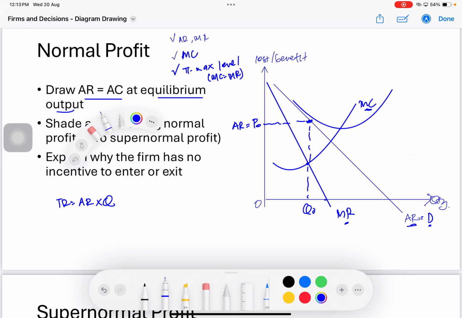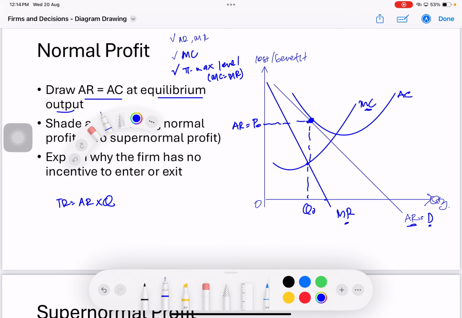So this is my AC curve that didn't touch the tangent. So I have to draw again. Okay, I have a bit of OCD, so let me draw it again. Alright, somehow just imagine that they touch each other already.